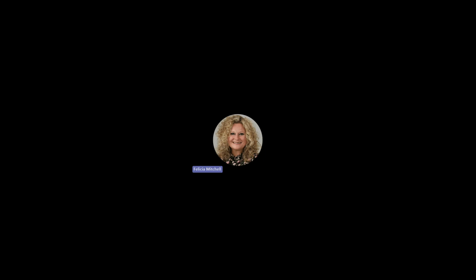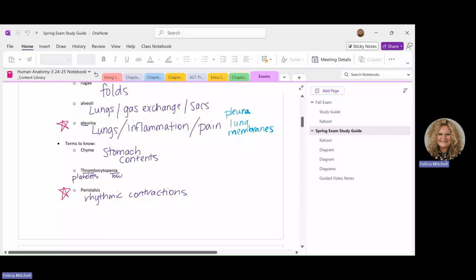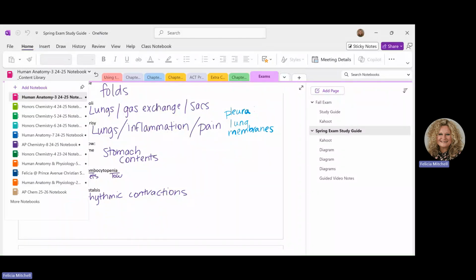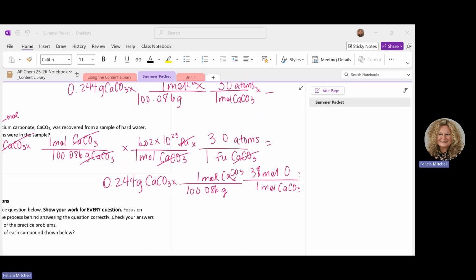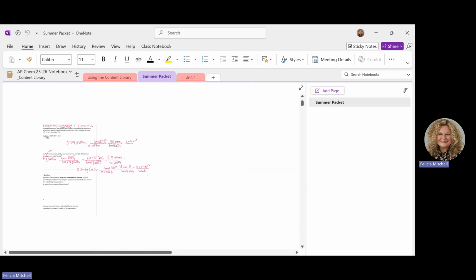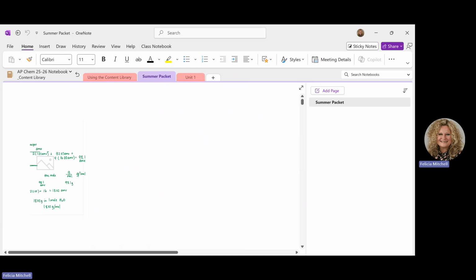Okay, so I'm going to share my screen, and you should be able to follow along. You of course have this in your content library in our notebook. That's where I'm going to be. But you also have the paper copy that you may have picked up. You can use either one of them, but I'm going to be erasing some of this as I go.